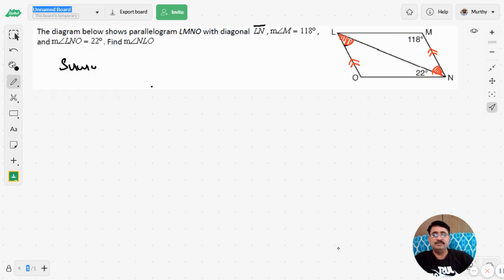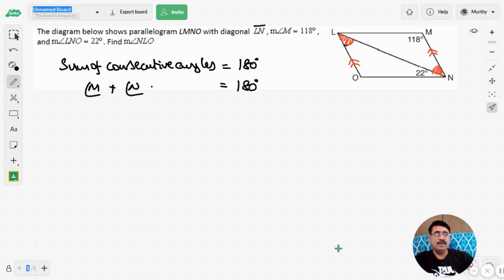Sum of consecutive angles equals 180, which means angle M plus angle N equals 180. Angle M, I know, is 118, plus N. You may say that we know the value of N. I'm sorry, it is not the value of N, it is a part of angle N. So don't take that it is 22 for the time being.